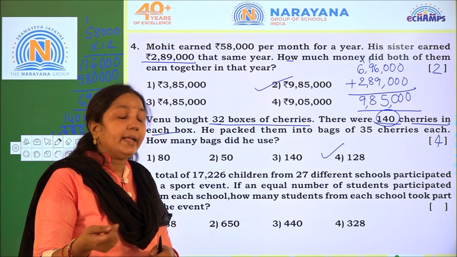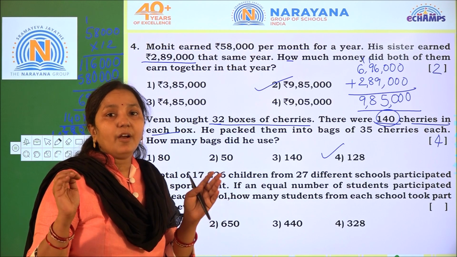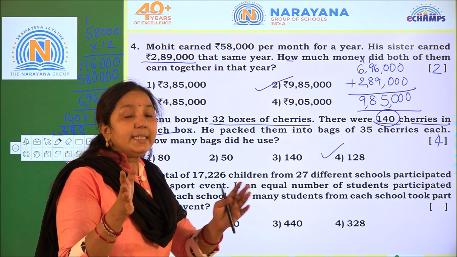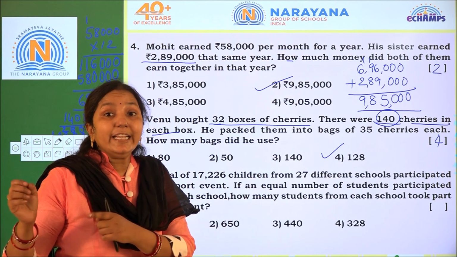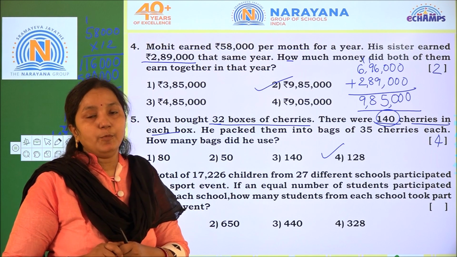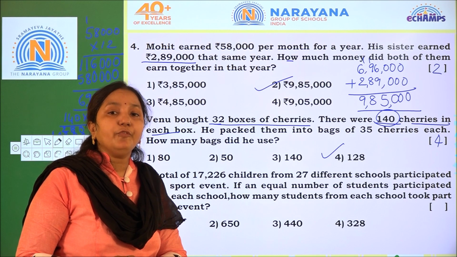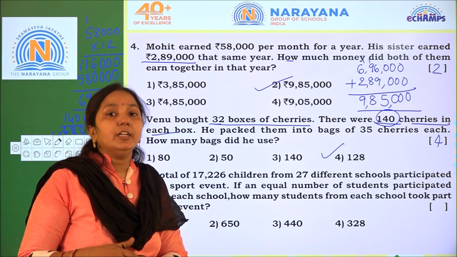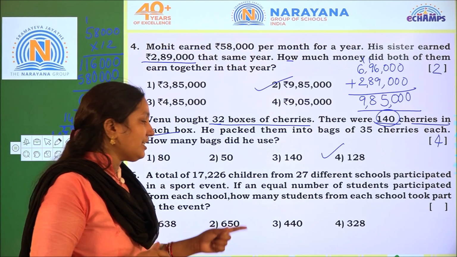So the total number of cherries is 4,480. These cherries he put into some bags. Each bag has 35. So how many bags are required? That means what do we have to do? 4,480 is divided by 35. In total you will get 128 bags. Got it, children? Next one.